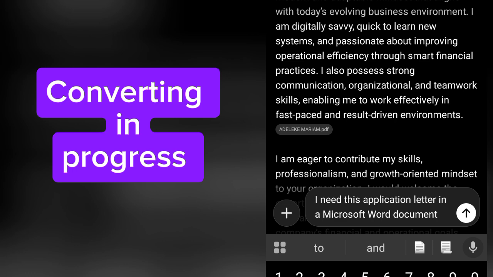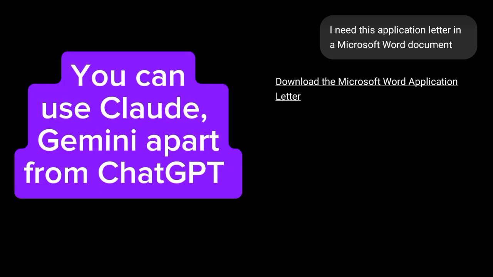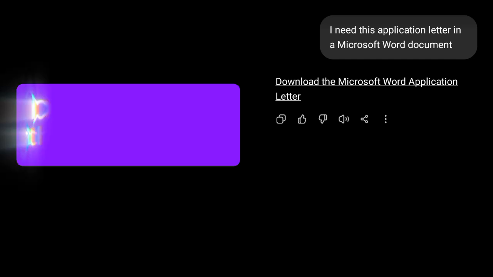So I'm going to tap send. Let's see whether it's going to convert it for us. Mind you, it's not only ChatGPT you can use, you can also use Claude, you can use Gemini, but I'm using ChatGPT as an example. So it has finished generating it for us.